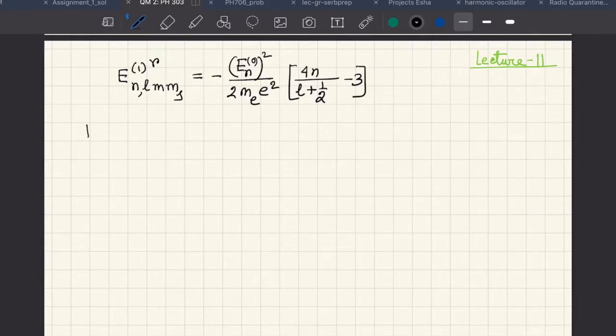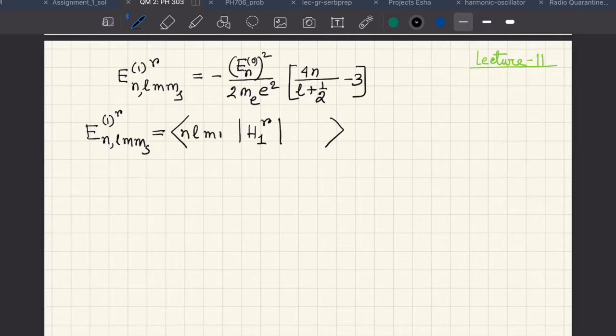So what I mean to say is the following, that this object E1R for relativistic, n, l, m and ms, is really the matrix element of this perturbed Hamiltonian H1R in the uncoupled basis. That means n, l, m and ms, which we introduced in the previous lecture.